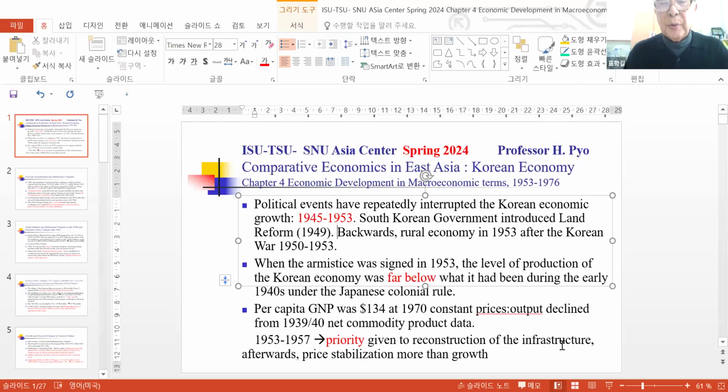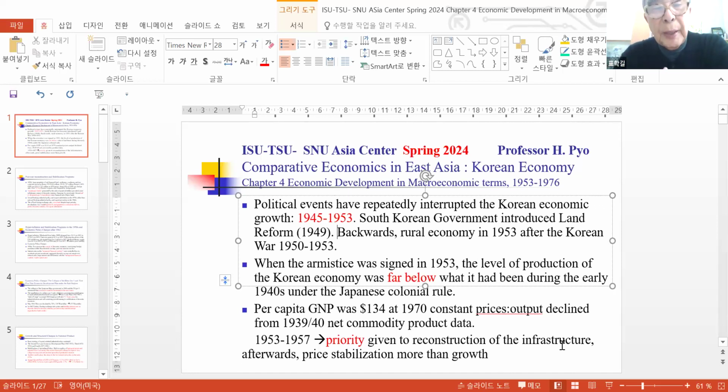The reason is that after the 1950 to 1953 war, agricultural production was damaged. A lot of commodity production facilities and manufacturing facilities were gone. So there were not enough commodities or farm products produced.